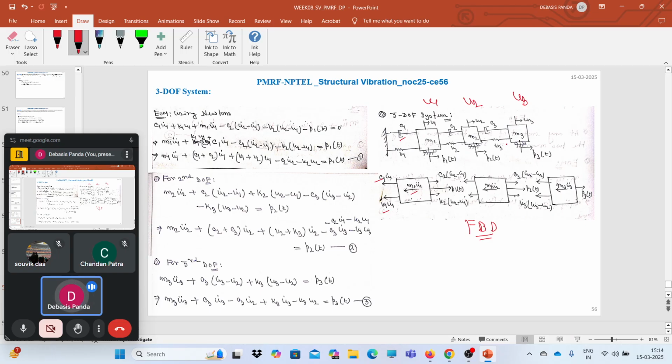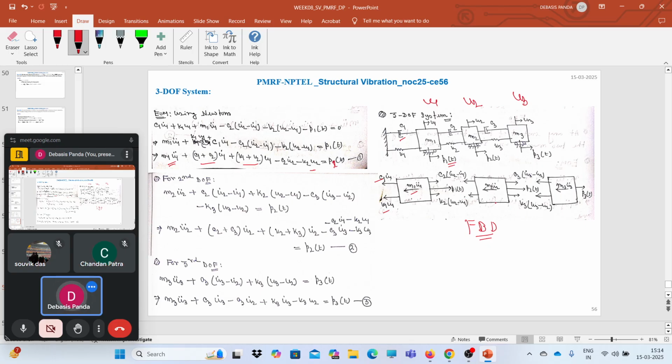Again, due to the relative displacement between these two, if you rearrange these things, for the first degree of freedom we will have this equation: m1 u1 double dot plus (c1 plus c2) u1 dot plus (k1 plus k2) u1 minus c2 u2 dot minus k2 u2 is equal to P1(t), the external load acting on the first degree of freedom, right?